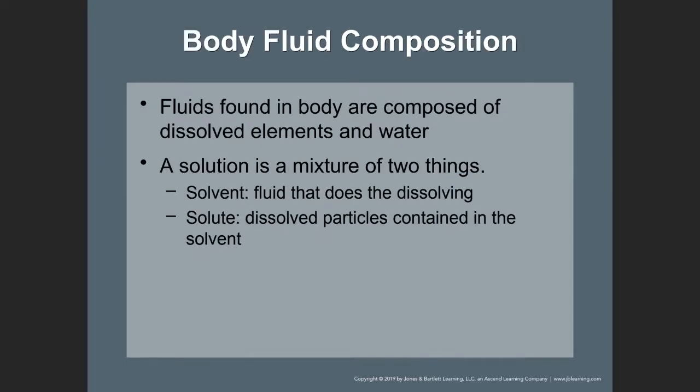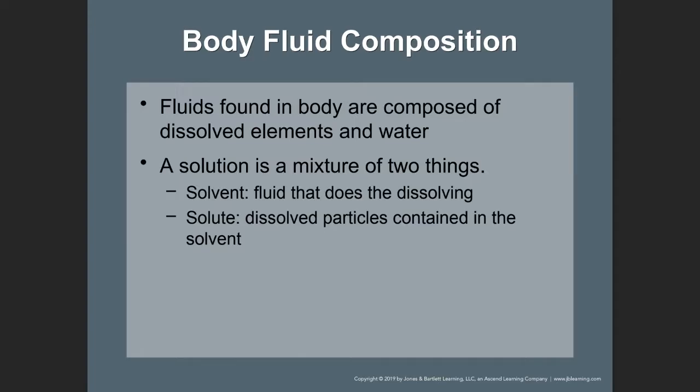Body fluid composition. Fluids found in the body are composed of dissolved elements and water. A solution is a mixture of two things. Within a solution, you will have a solvent and you will have solute. You need to know the difference between the two.